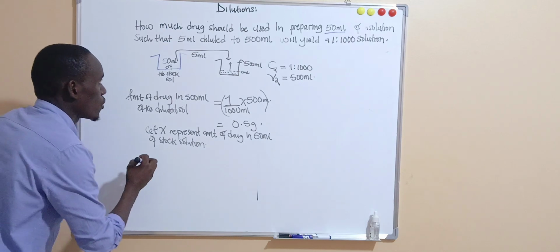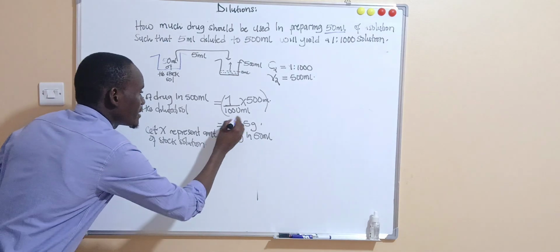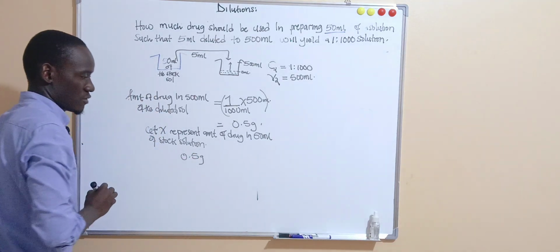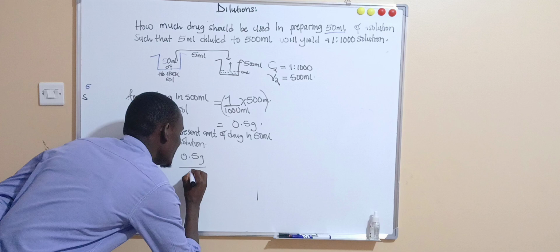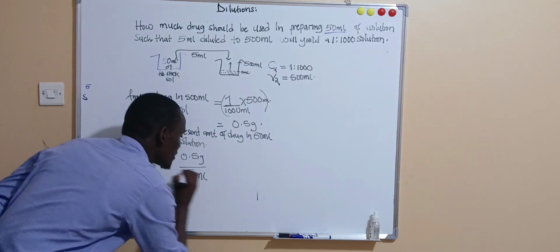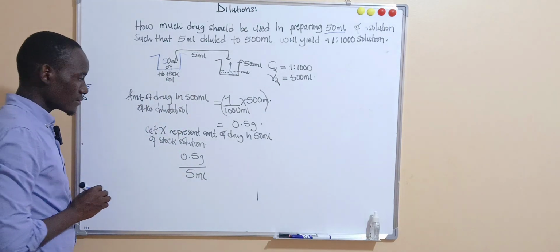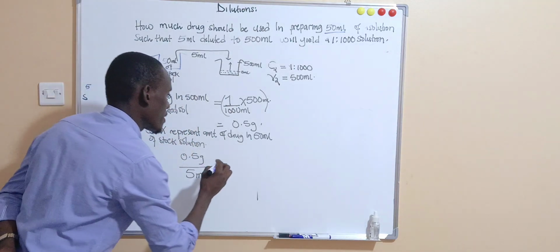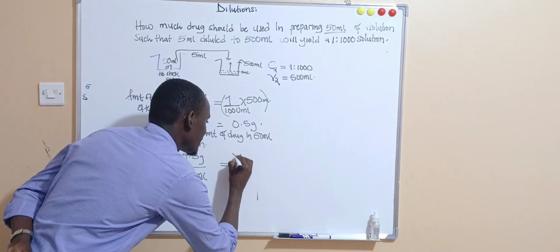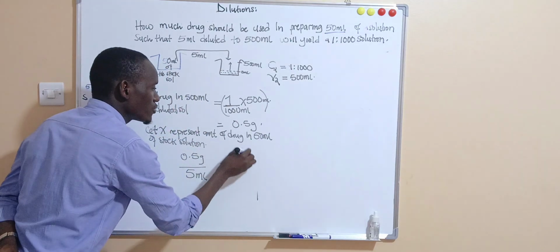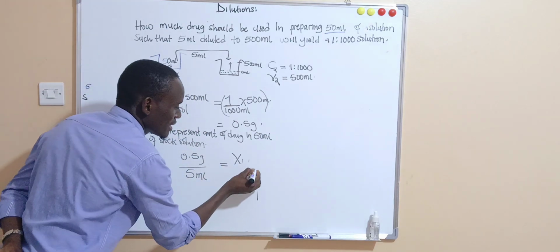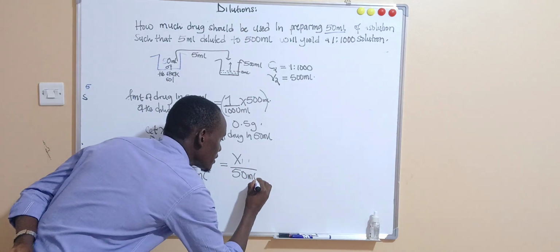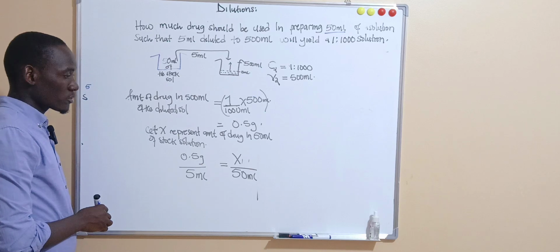So we know that 0.5 grams of the drug is in 5 ml, which will be equal to X, which is the amount of drug in 50 ml of our stock solution.